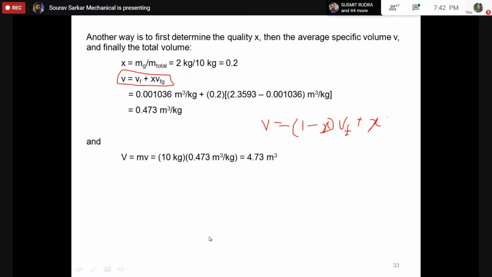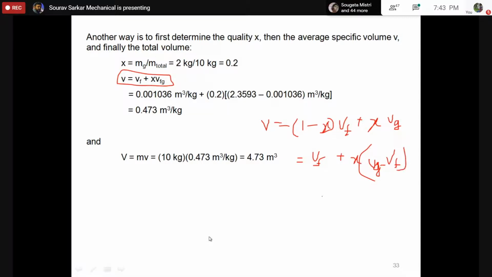Is that right? So I can write VF plus, as you told me, take X common, it will be VG minus VF.